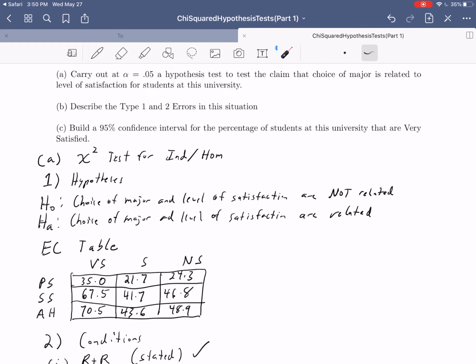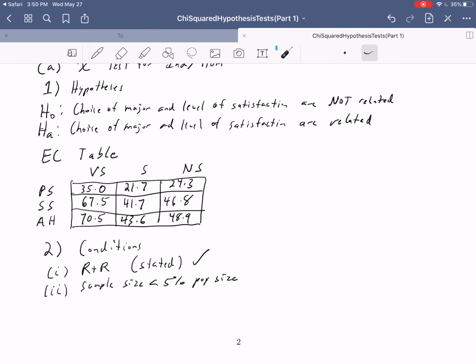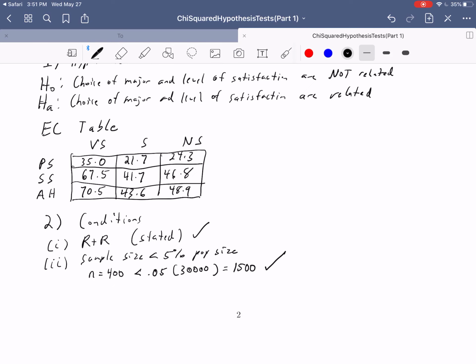Do we know our population size? Well, it did say that there were about 30,000 students, so we can actually check this directly. N equals 400. Is that less than 0.05 of 30,000? Well, 0.05 of 30,000 is equal to 1,500. 400 is less than 1,500, so we're all good.